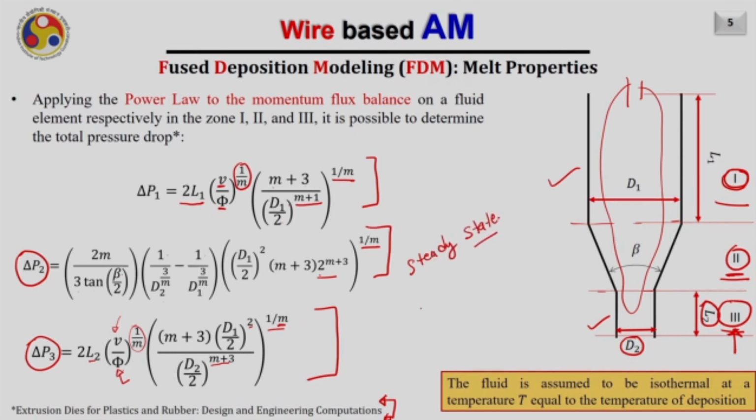And of course, the total pressure drop required to push the wire through this liquefier will be delta P equals delta P1 plus delta P2 plus delta P3. Now, it can be easily obtained by utilizing these formulas.